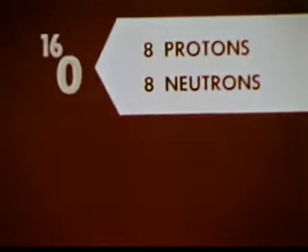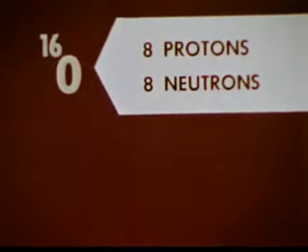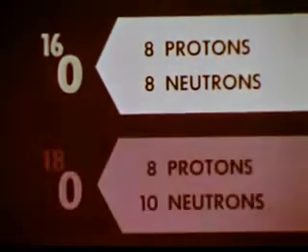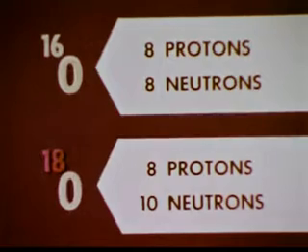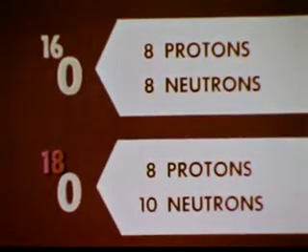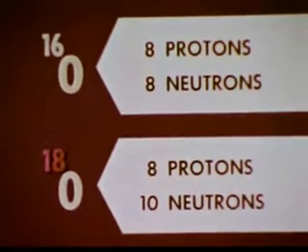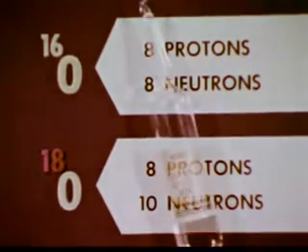The most common oxygen atom, oxygen 16, has a mass of 16, with 8 protons and 8 neutrons in the nucleus. But we recall that many elements have more than one stable isotope. Oxygen 18 is also a naturally occurring stable isotope with 8 protons and 10 neutrons in its nucleus. Thus the two atoms are chemically similar, but differ in mass.